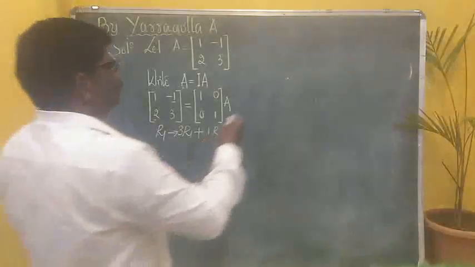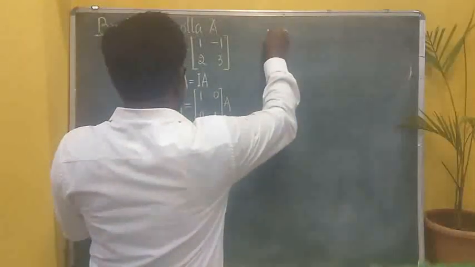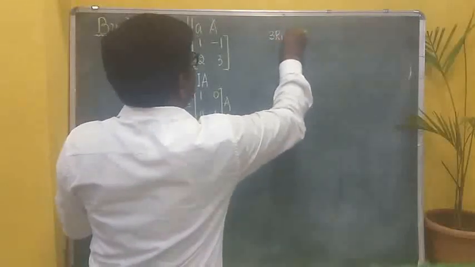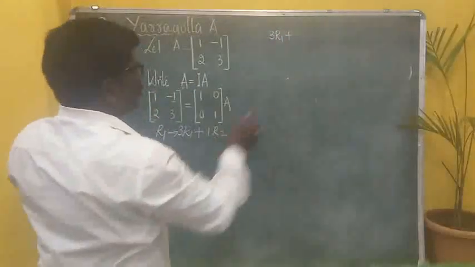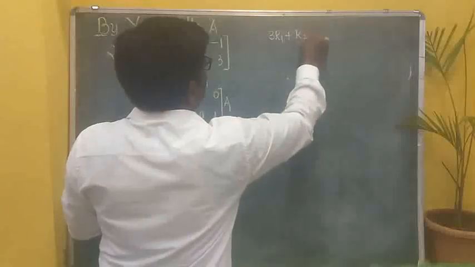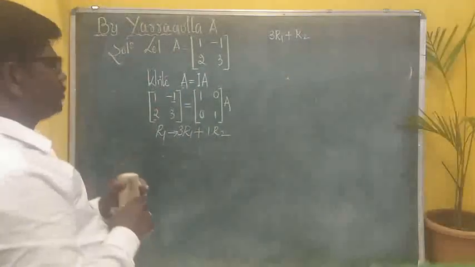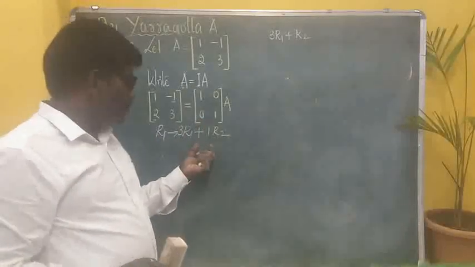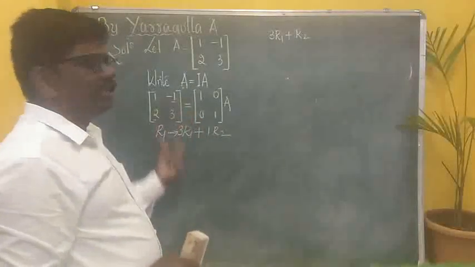Now here, what was the rule? 3R1 plus 1 into R2. Now according to this rule, we have to multiply or simplify and get the next matrix.